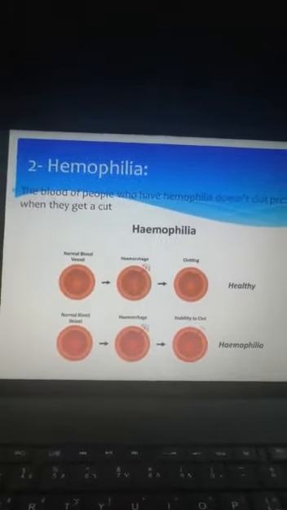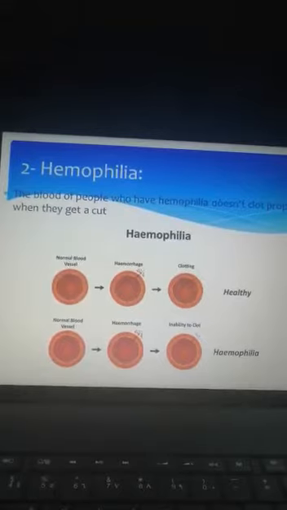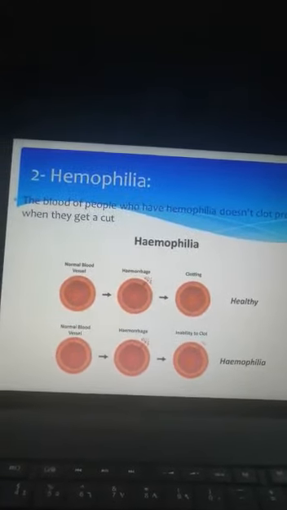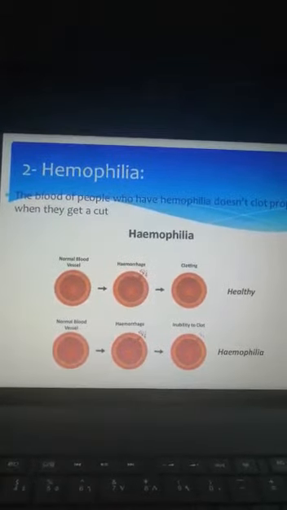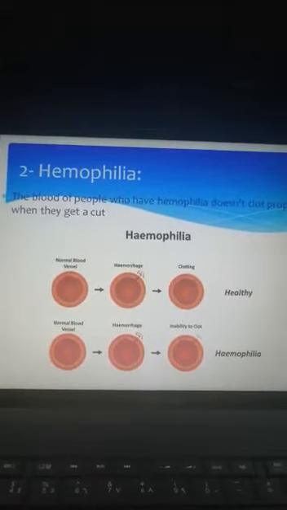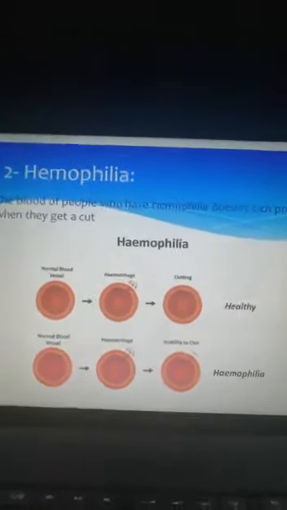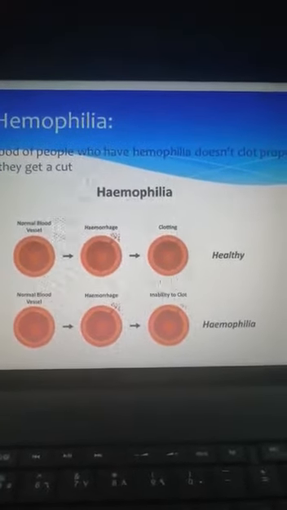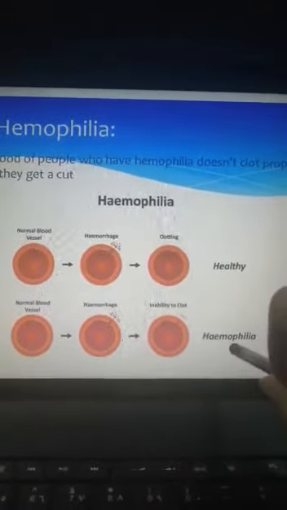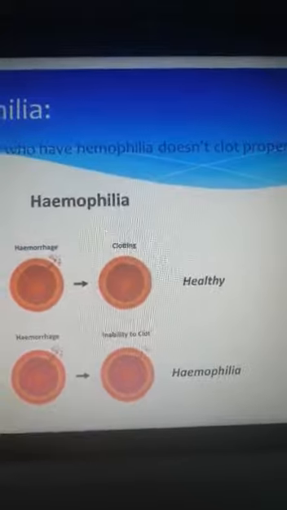The second disease caused by heredity factors is hemophilia. The blood of people who have hemophilia doesn't clot properly when they get a cut. Let's know the difference between a healthy person and a hemophilia person. A healthy person can clot the blood.